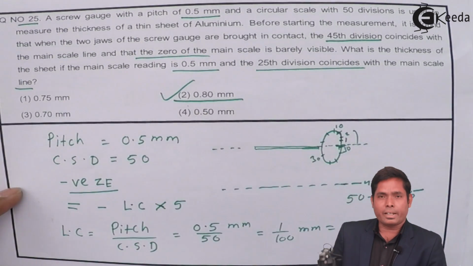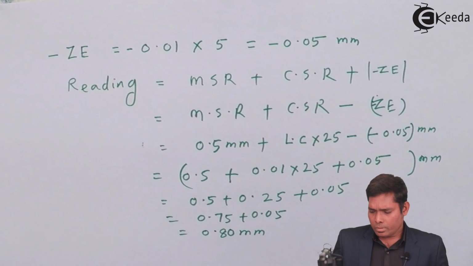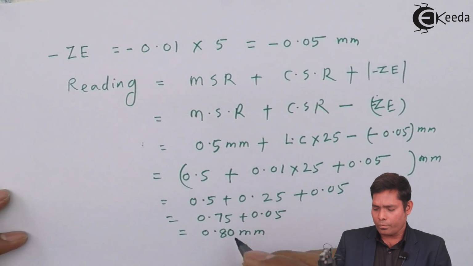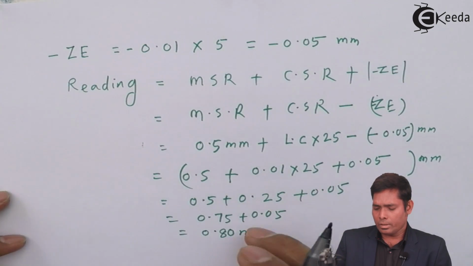So option number 2 is correct. This is how you find the reading.